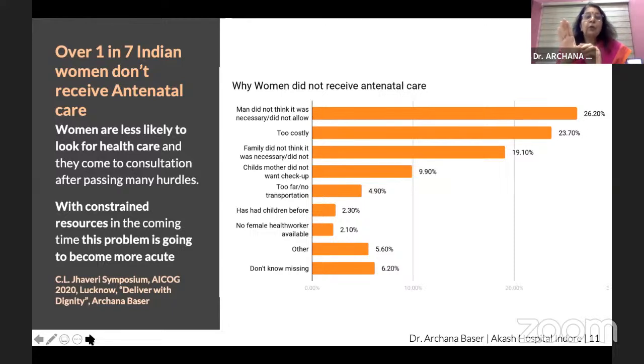The reasons are different: they did not think it is necessary, it is too costly, they had children before, there is no one else available to work for them, and they don't know what is happening in pregnancy with the checkups. So women are less likely to look for health care, and they come for consultation after passing many hurdles. With constrained resources in the coming time, this problem is going to be more acute.